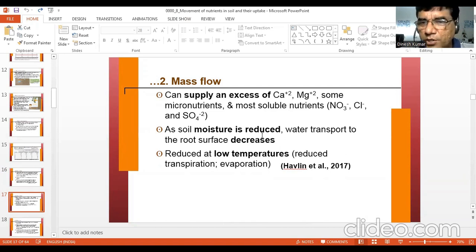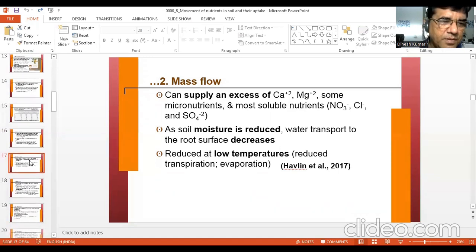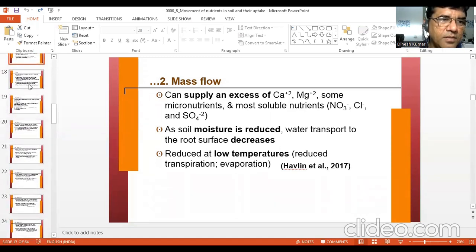As soil moisture is reduced, water transport to the root surface decreases. So if water transport to the root surface decreases, mass flow will decrease. It is also reduced at low temperature, because of reduced transpiration and reduced evaporation.